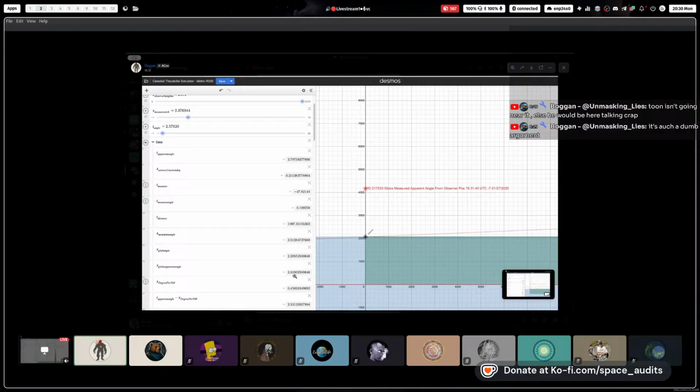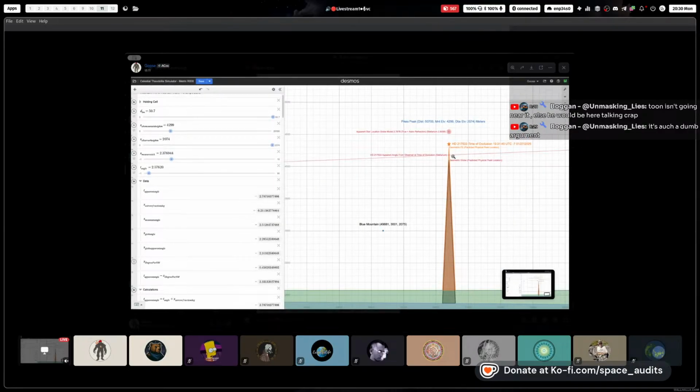So you can see the globe apparent angle from the observer is right here. It's drawn right here too.